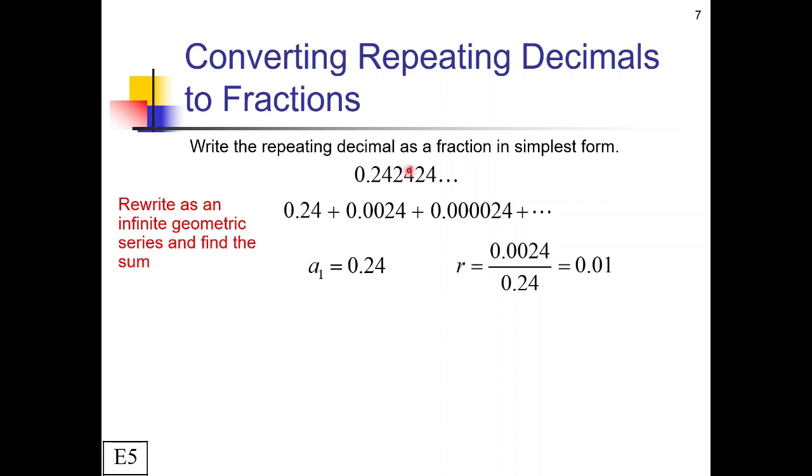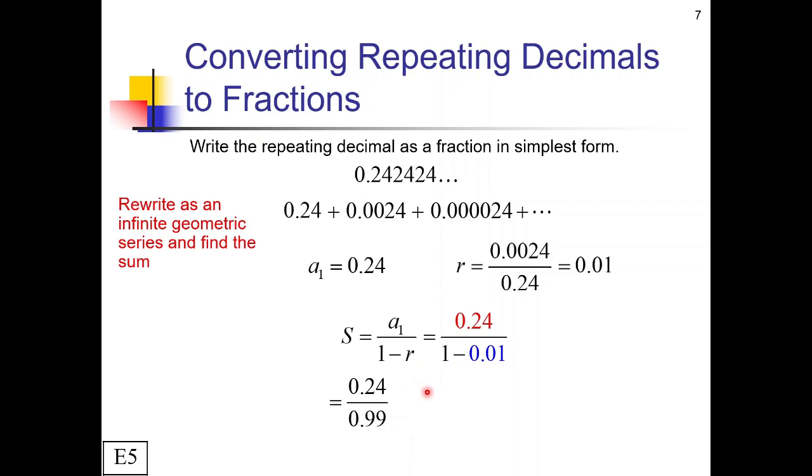Which it should, because this number is finite-ish. So we've got a1 divided by 1 minus r. That's 0.24 divided by 1 minus 0.01. We want to turn this into a fraction in simplest form, so we're not just going to get a crazy decimal out of this. This is 0.24 over 0.99. Now, if I want to get rid of the decimals, I can just multiply this by 100 over 100.